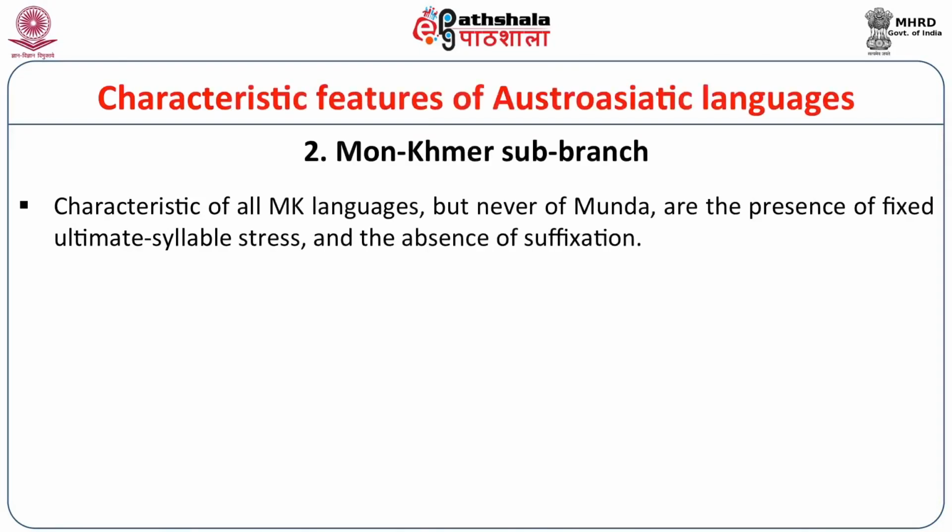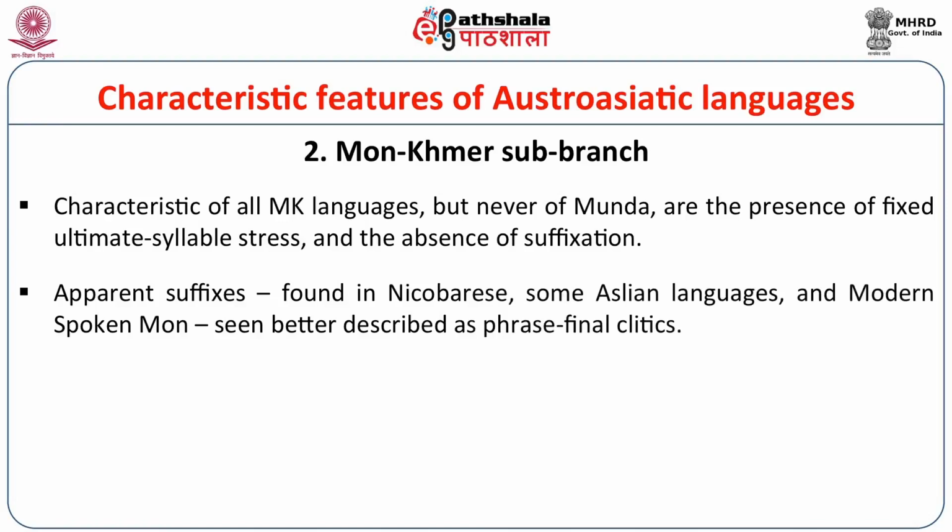The major feature of Mon-Khmer languages is the presence of fixed ultimate syllable stress and the absence of suffixation. Apparent suffixes found in Nicobarese, some Aslian languages, and modern spoken Mon are better described as phrase-final clitics.